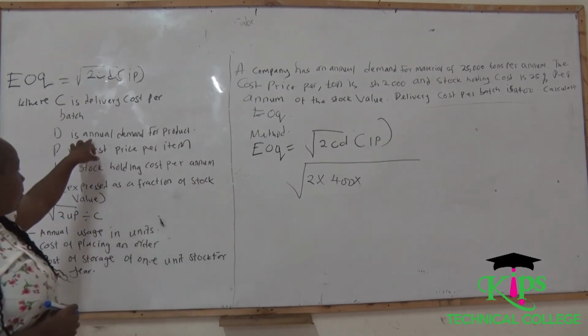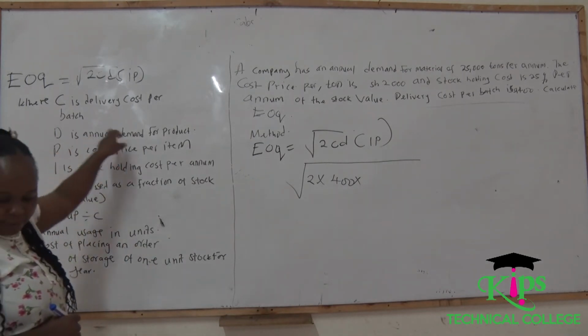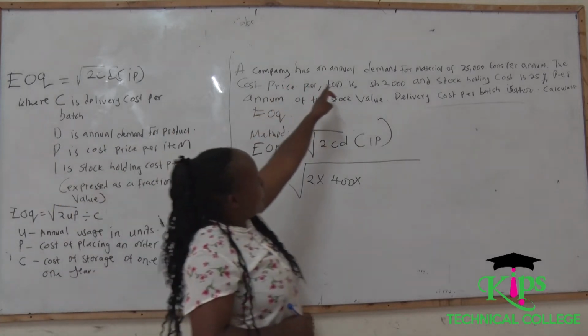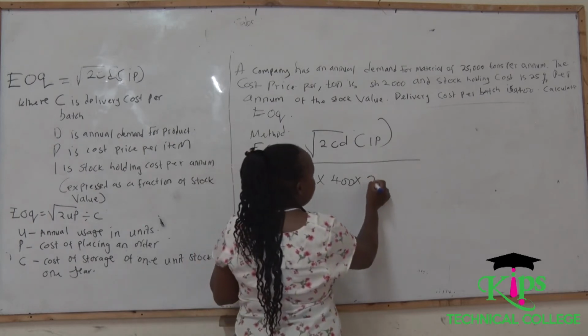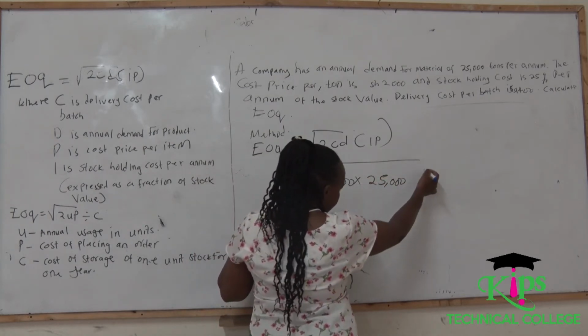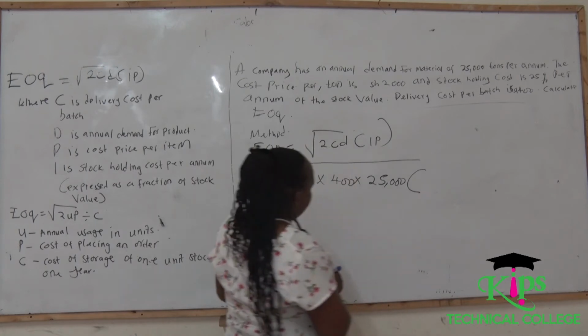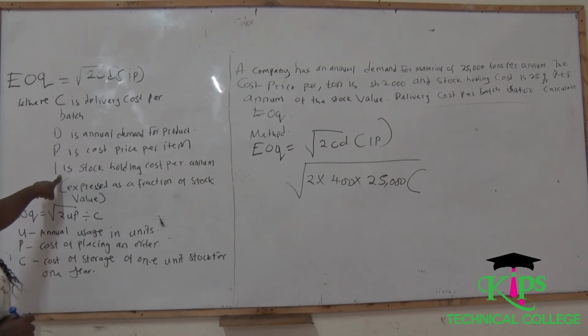D stands for annual demand for the product, which is 25,000 tons. So here we write 25,000 tons, divided by brackets I. Do we know what I is? I stands for stock holding cost per annum.